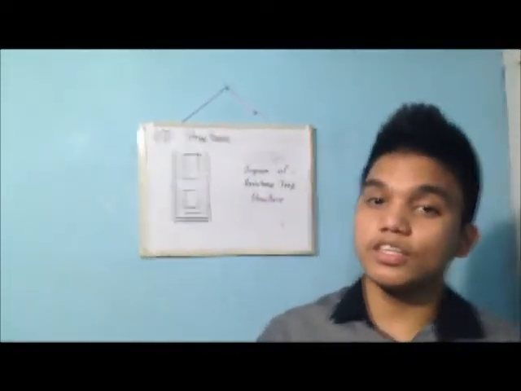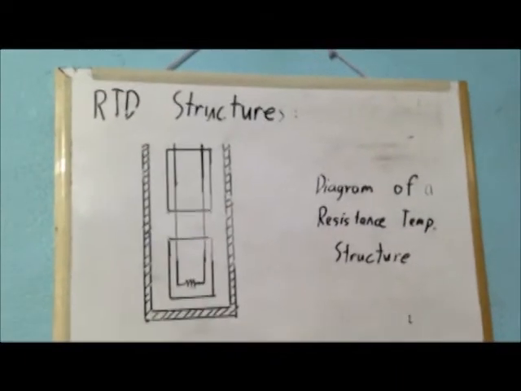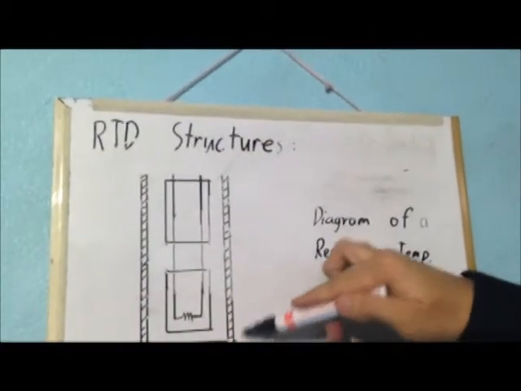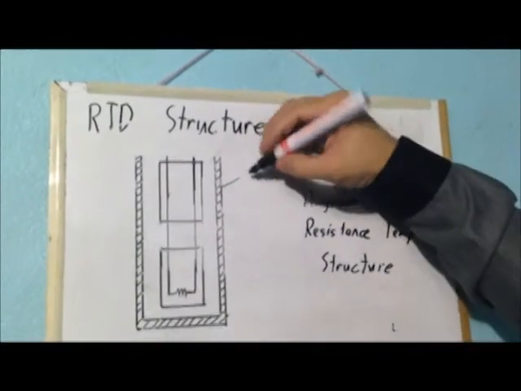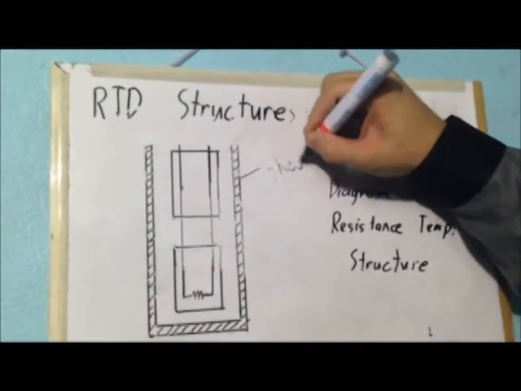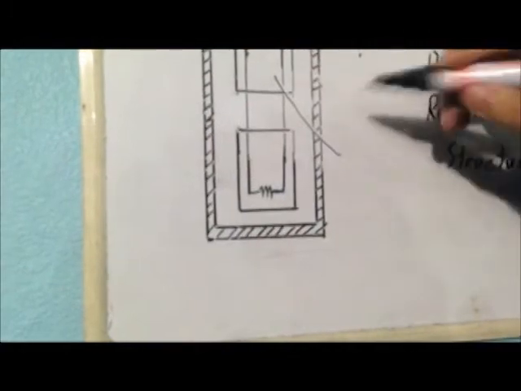Next, I'm going to discuss the structure of an RTD. Here is a diagram of a resistance temperature detector structure. This layer of an RTD is the outer sheet. Next, this part is the insulator.